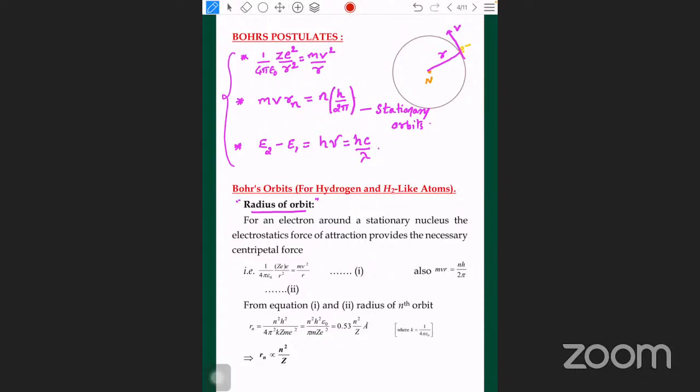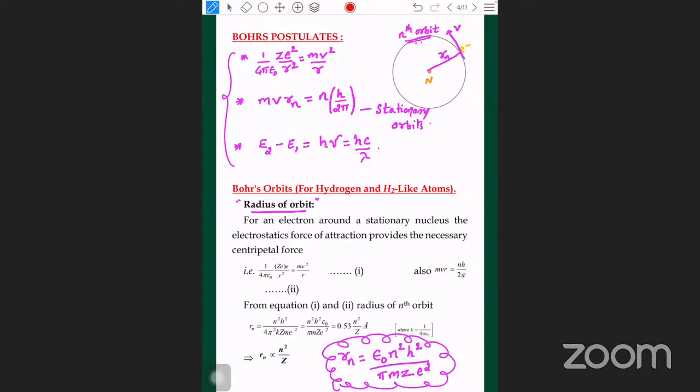Now, if I consider this as the nth orbit, and the electron is revolving in the nth orbit, then the radius of the nth orbit is given by the formula: epsilon naught into n squared into h squared divided by pi m Z e squared.